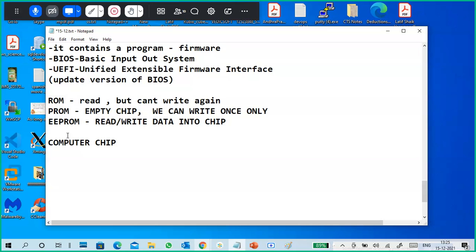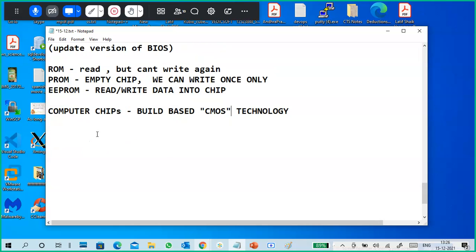So computer chips are built based on CMOS technology. So this is important. Your CPU, RAM, and everything will be based on CMOS technology only.